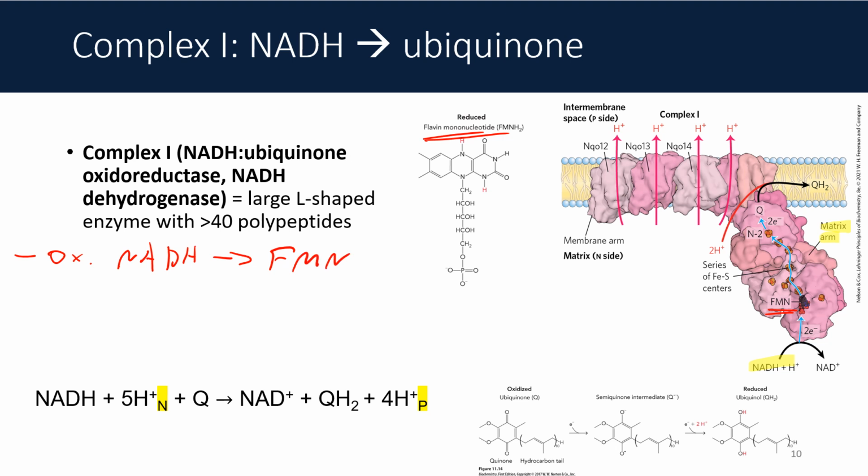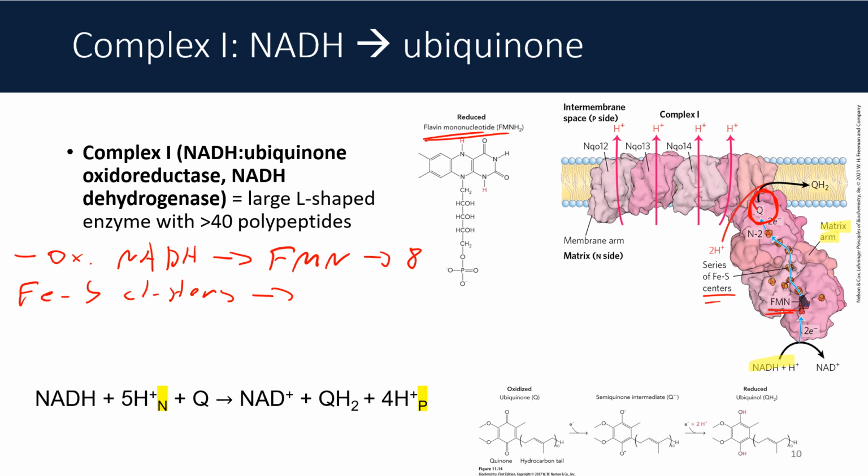And then from there, we're going to pass those 2 electrons to a chain of iron sulfur clusters, specifically 8 of them, 8 iron sulfur clusters. And it's going to ping pong all the way up until we get to this special binding pocket right over there against the inner side of the inner mitochondrial membrane.